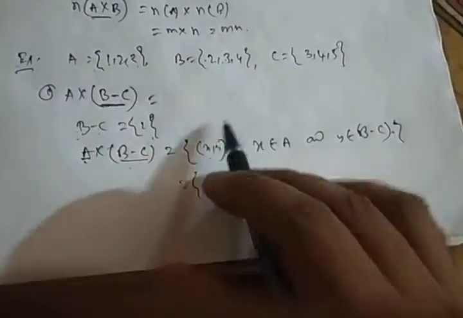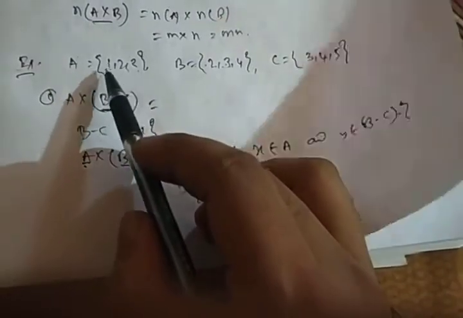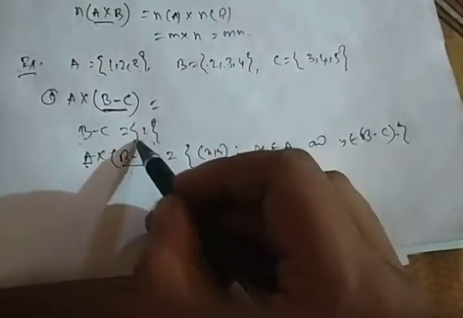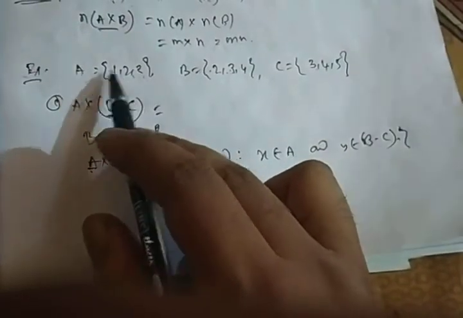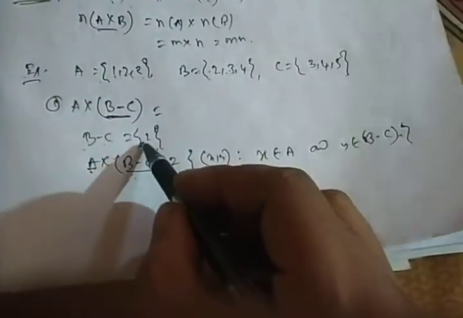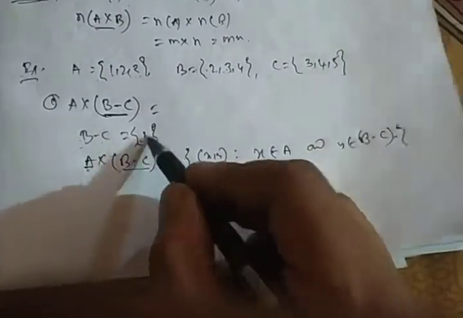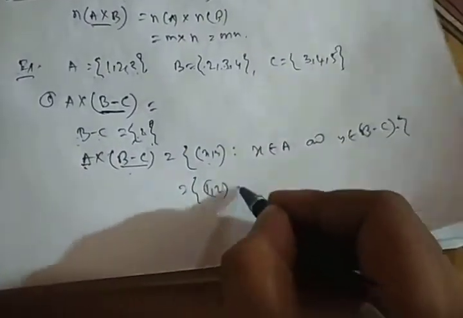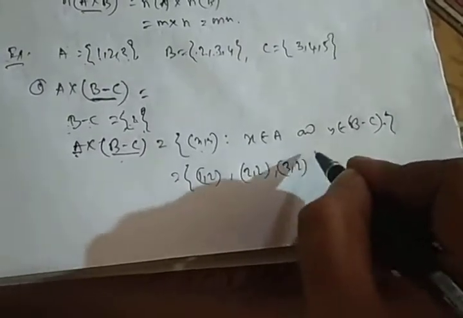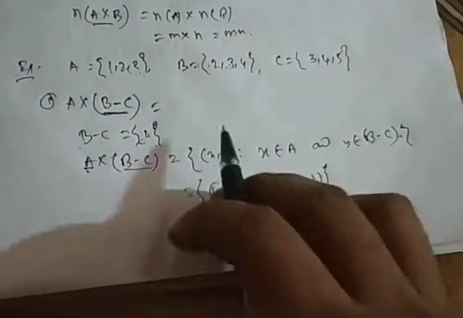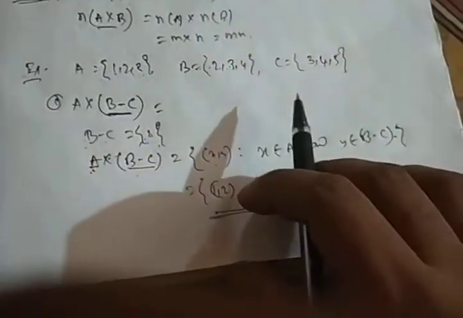So the ordered pairs of these elements 1, 2, 3 and 2. If we take the element 1, there is only one option in B minus C, 2. So (1, 2) is an element, (2, 2) is also an element, and (3, 2) is also an element. This will be the set A cross (B minus C).